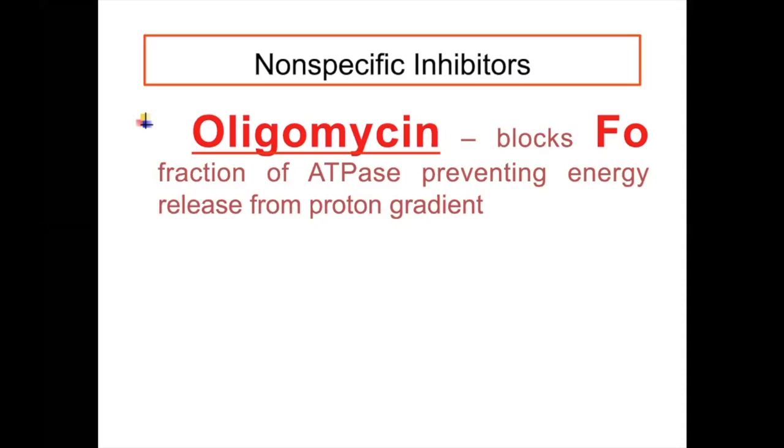We call them uncouplers. And what are the uncouplers I want you to memorize? Number 1, thermogenin. Number 2, 2,4-dinitrophenol. Now, a non-specific inhibitor is oligomycin. And oligomycin blocks the FO fraction of the enzyme ATPase.